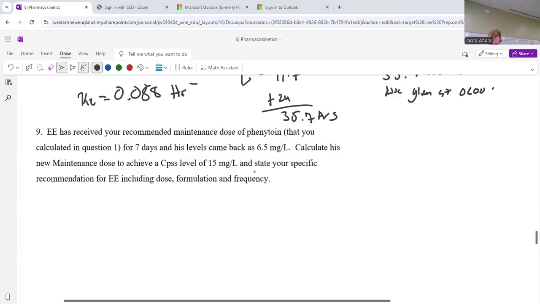All right, so for phenytoin, for question 1, they received that, and their maintenance was 600 of the ER capsules. So the first thing we have to do is calculate Vmax.